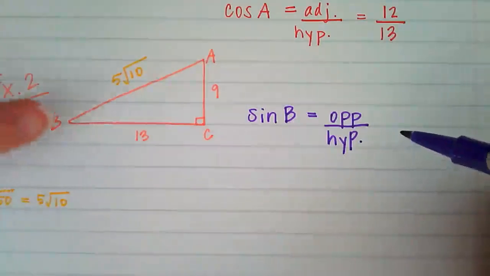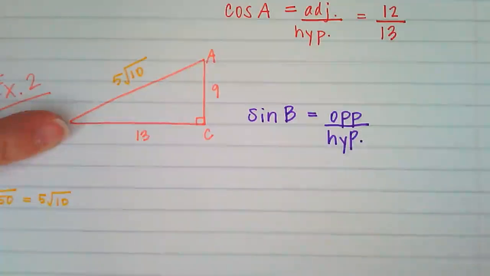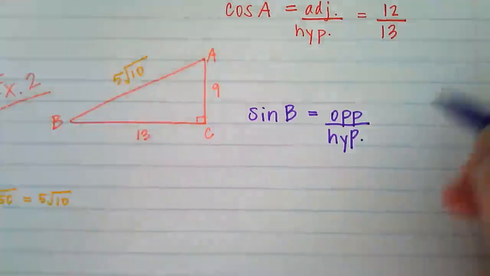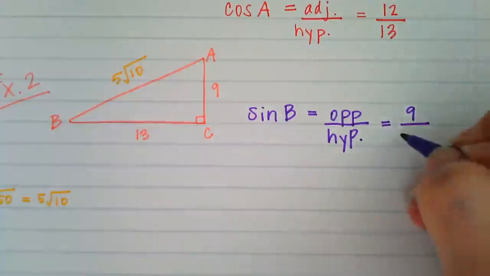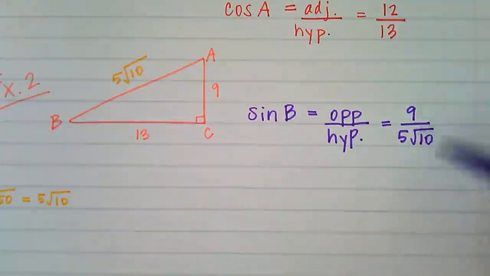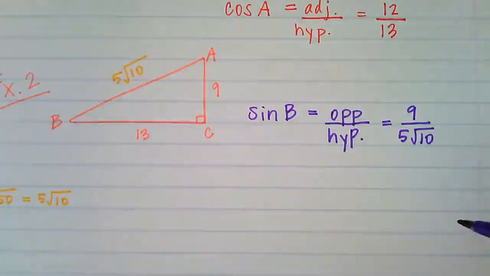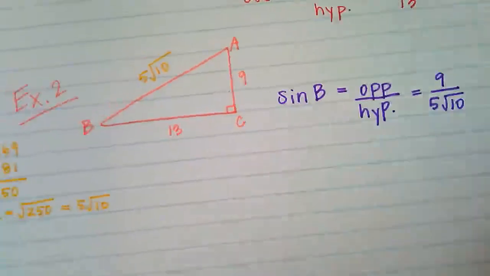All right, so from angle B, because it says we're using angle B, the opposite side is 9. The hypotenuse is 5 root 10. Now, we wouldn't actually leave it like this with the square root in the denominator. We talked about that when we did the special right triangles, but for now, we're just setting them up. So I'm totally okay with us leaving it like this for now.